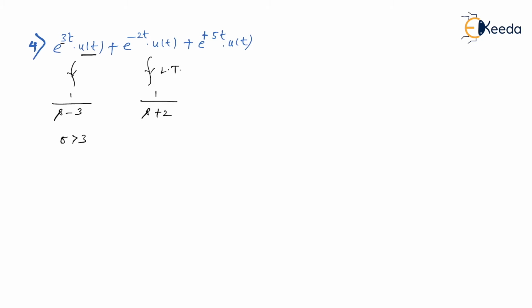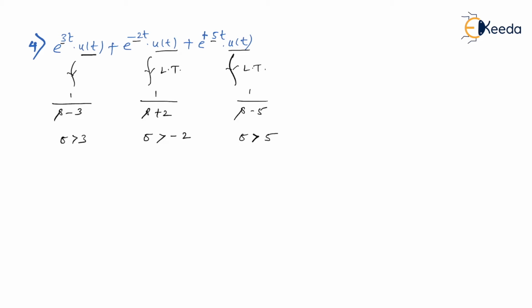The pole is present at minus 2 and it is multiplied with u of t, so sigma will always have a greater relation with respect to the pole, which is minus 2. And here the Laplace transform is 1 upon s minus 5, where sigma will again be greater than the pole, which is present at positive 5.